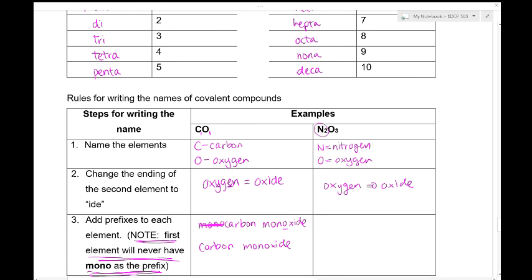Looking at this, N2 means there are 2 nitrogen. So we're going to use the word di. So dinitrogen. And O3, that means there are 3. We're going to use the word trioxide. That is our answer for these 2 examples.